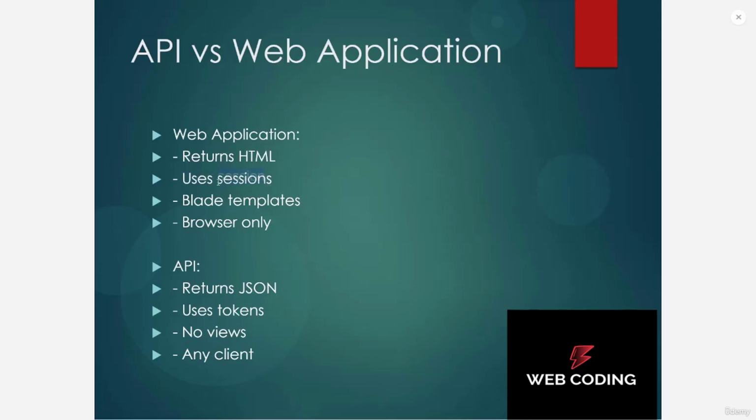It uses sessions, not tokens. All right, it uses sessions and cookies. It also uses Blade templates. If we're working in the context of Laravel, Laravel works with Blade templates and returns HTML. And you can use sessions when working with it. And web applications run only in the browser.